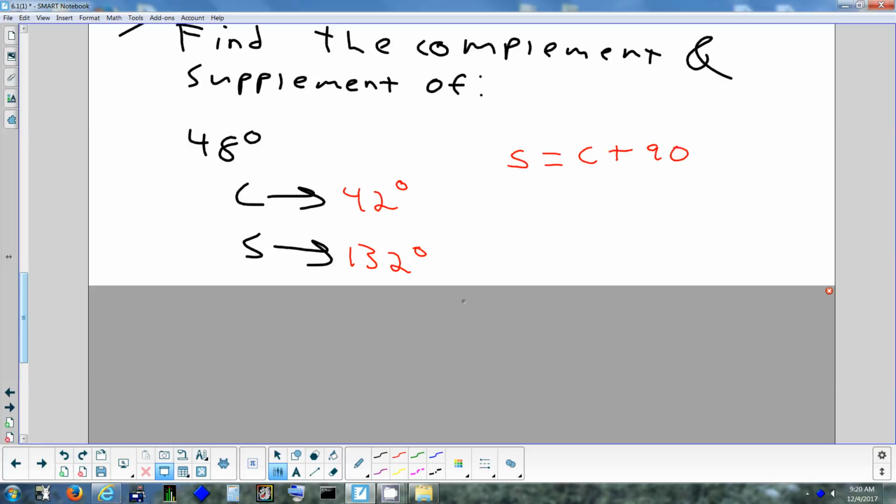If you take the supplement and subtract the complement, you would always get 90. Or the complement is the supplement minus 90. So all different ways you can think about it.